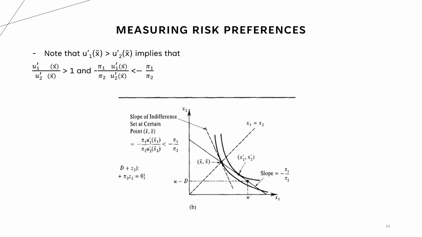We also see that the slope of the indifference curve in this case is affected by the probability ratios, meaning that the decision maker's preferences are influenced not just by the payoffs but also by the likelihood of each state. The graph here shows the change in the slope of the indifference curve at different points.